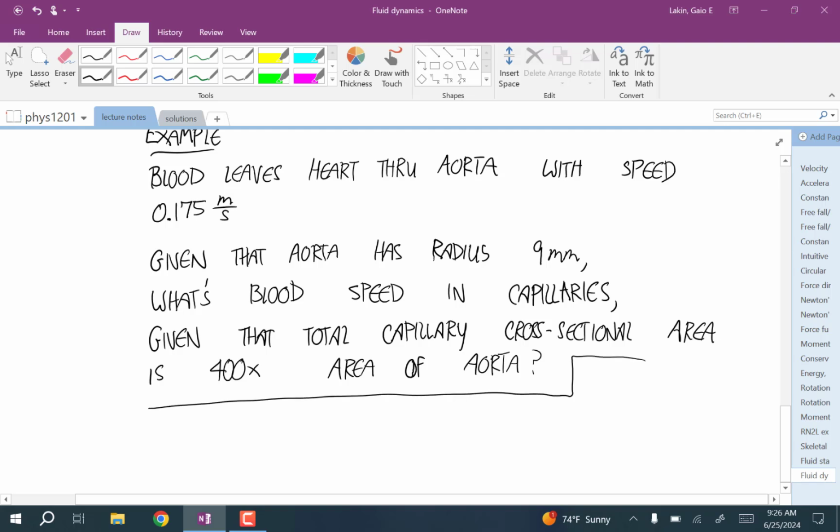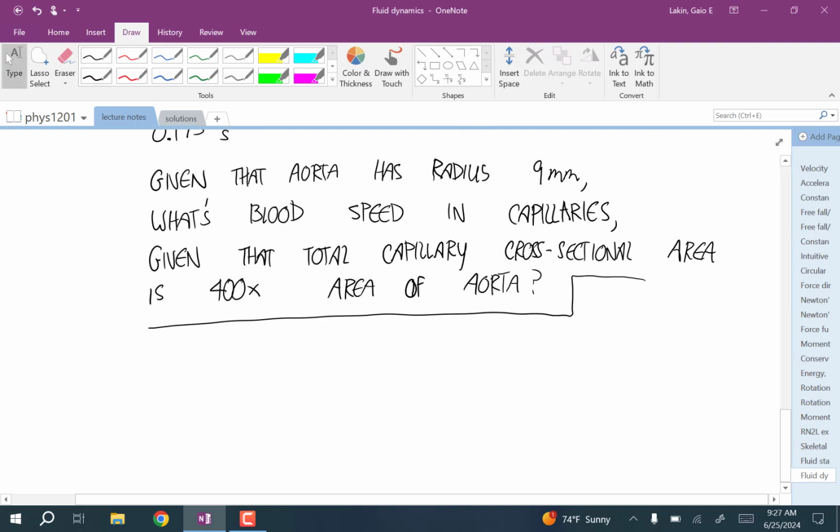Well, since we're going from a smaller cross-sectional area to a larger cross-sectional area, we expect that the speed of the blood is going to slow down in the capillaries. So first we have to calculate the area of the aorta.